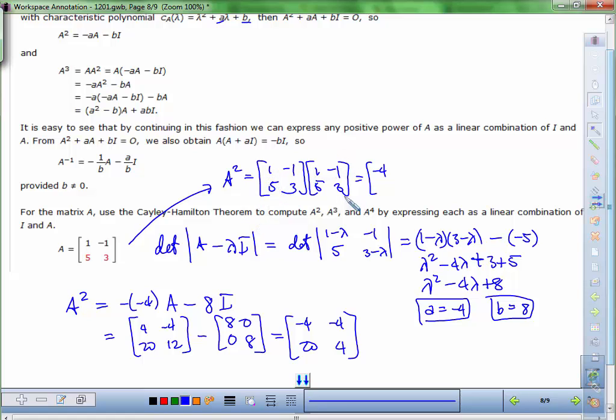First row, second column, -1, -3, -4. Second row, first column, we've got 5 plus 15 is 20. Second row, second column, -5 plus 9, which is 4. And that checks out. It's the same.